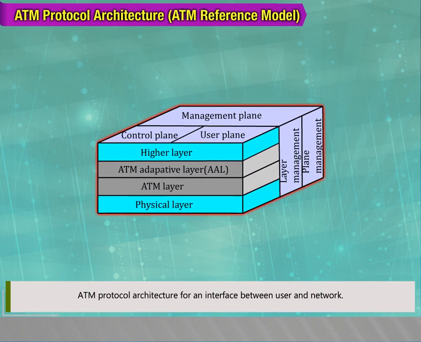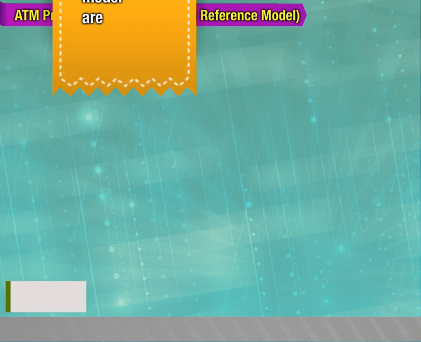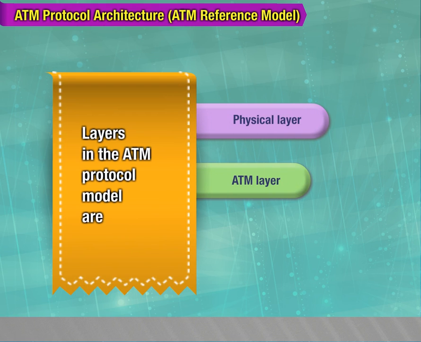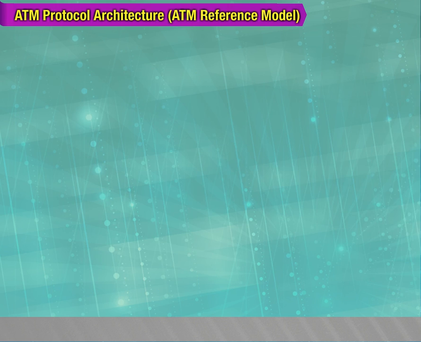ATM protocol architecture for an interface between user and network. Layers in the ATM protocol model are the physical layer, ATM layer, and ATM adaptation layer, that is AAL. Physical layer.